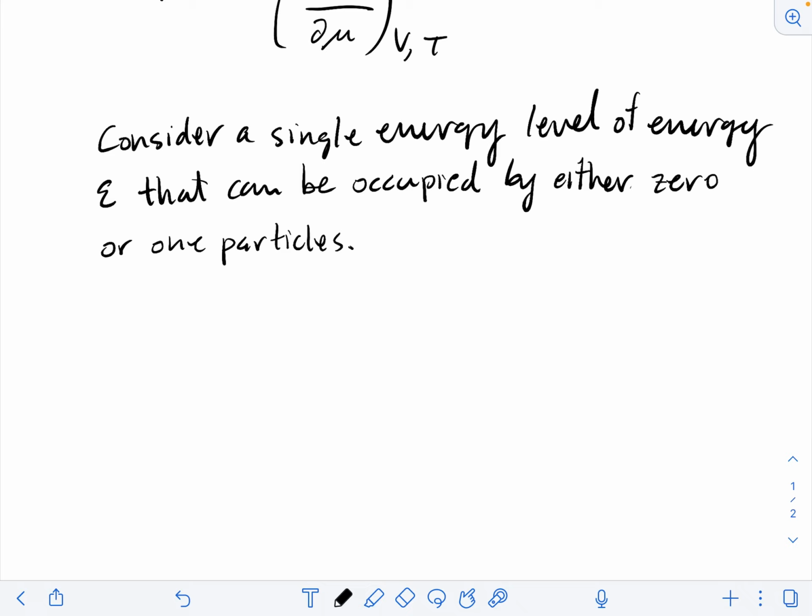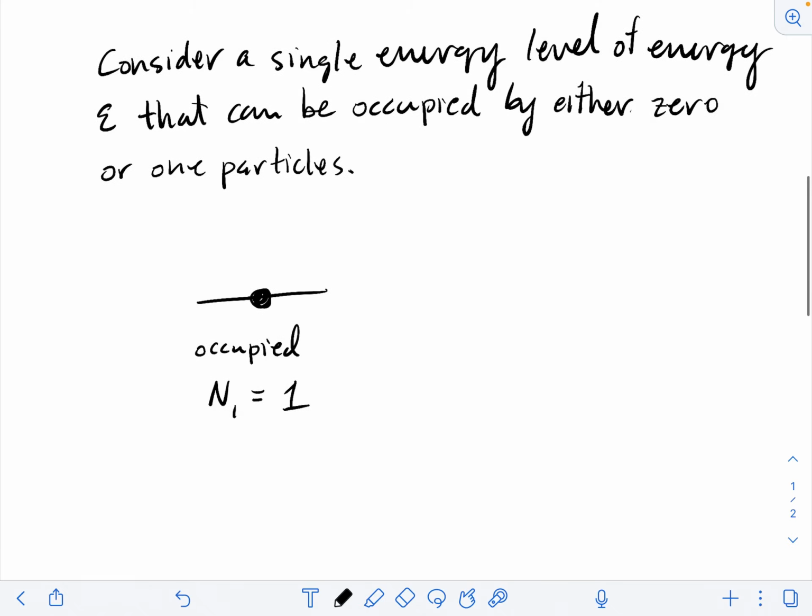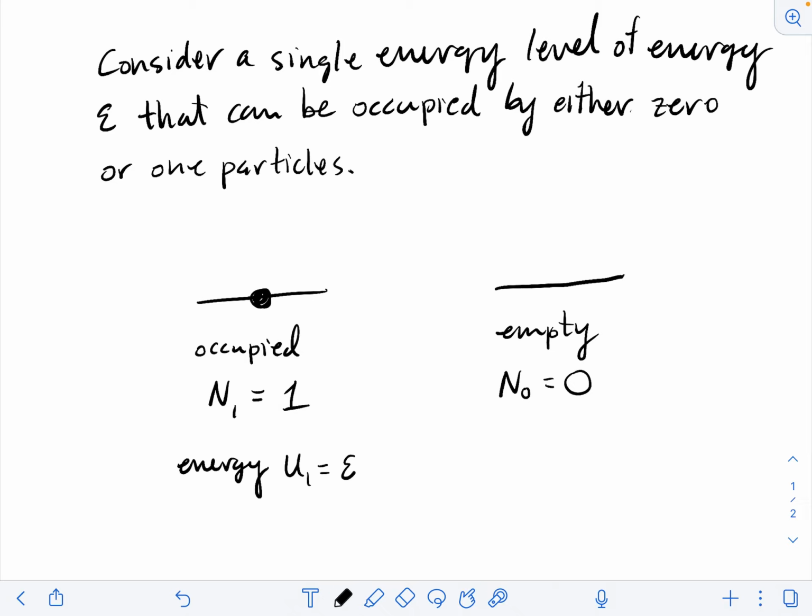In one case, we have the level occupied, and in this case, say N1 is equal to 1 particle, and the energy, say U1, is equal to epsilon. The other case, of course, is that this energy level is empty, and in this case, N0 is just 0, and the energy U0 is equal to 0.